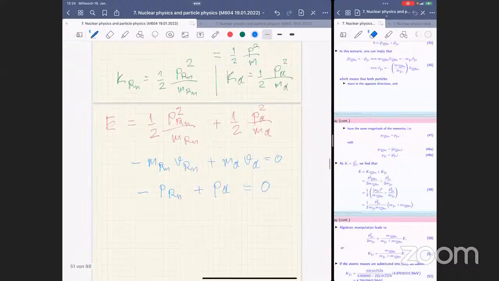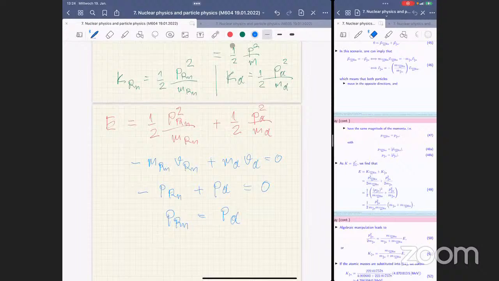Once you solve this equation, you will see that the momentum of the radon is equal to the momentum of the alpha particle. So you can substitute P radon by P alpha because it's the same.